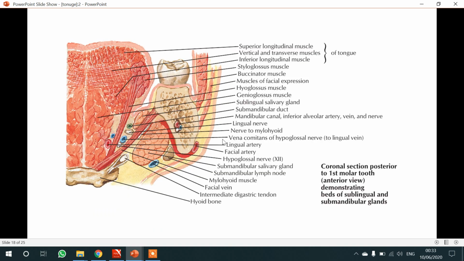So again, in this diagram, this is again a coronal section of the tongue. Here it has been shown: these are the superior longitudinal muscle group, these are the inferior longitudinal, and in between we have the vertical and horizontal muscle group.